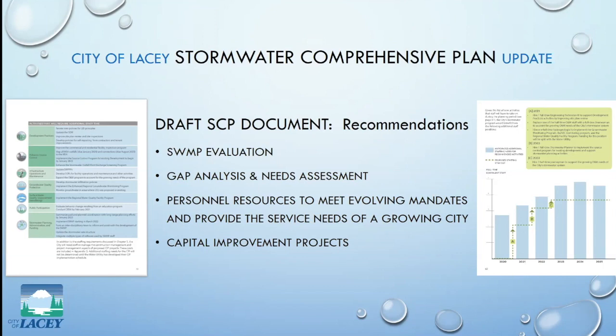The recommendations include adding several staff, maybe 3 to 4 staff positions. That's what's shown in that bar graph on the right. And or outside help to try to meet some of these requirements and maintain our service level. And then the capital improvement projects, CIP projects, to solve stormwater related issues and work toward the long-term goals such as flood reduction and water quality protection and improvement.